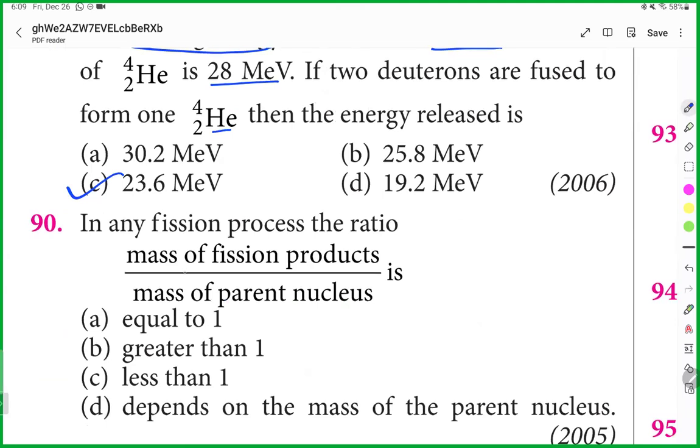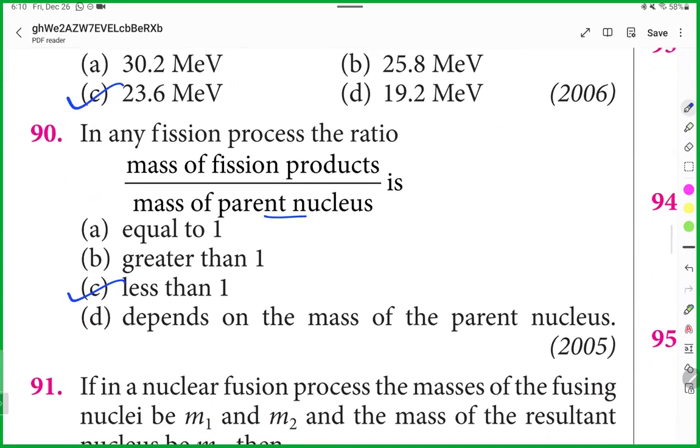Sania, in any fission process, mass of the fission product by mass of the parent nucleus is equal to 1, less than 1. Fission means breakdown. Fusion means more than 1. They fuse, two molecules fuse. Here it breaks. Sir, but fission is a controlled reaction. Yeah, fission is a controlled reaction, in a nuclear reactor.